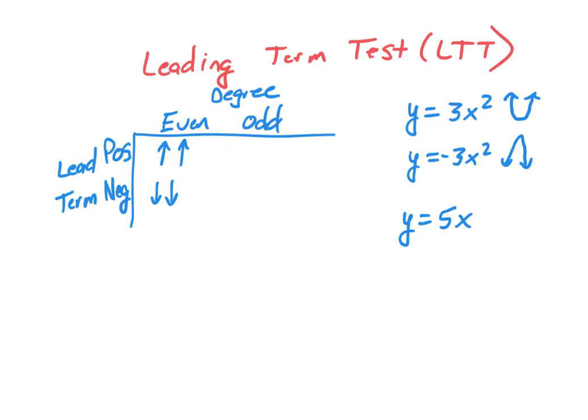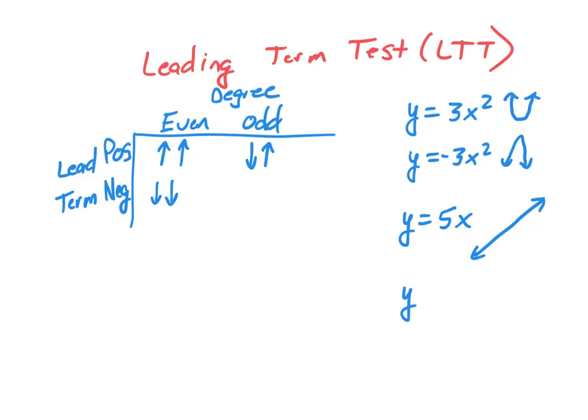So my graph is going to look like this. So it starts down and it ends up. If I put a cubic on this one, then it would be one of those snake-like graphs, and it's going to start down and it's going to end up. And we're going to see a lot of those different types of polynomials today.